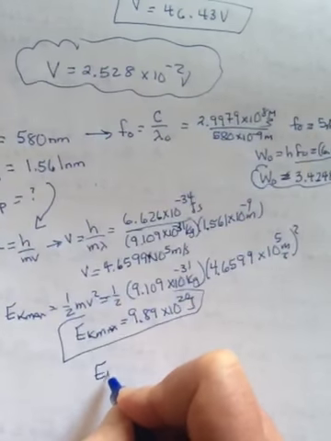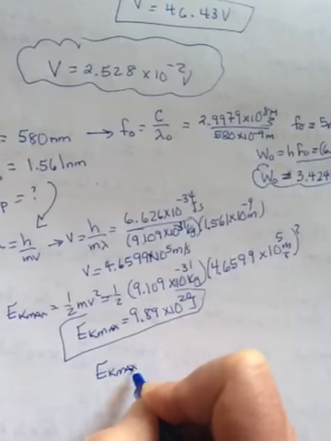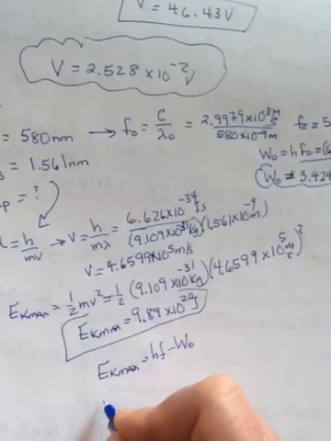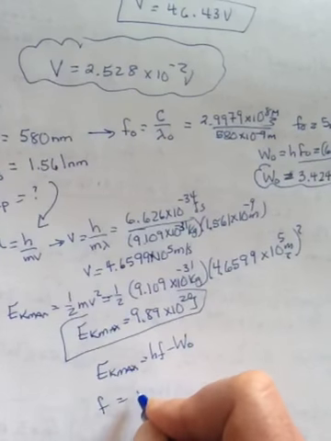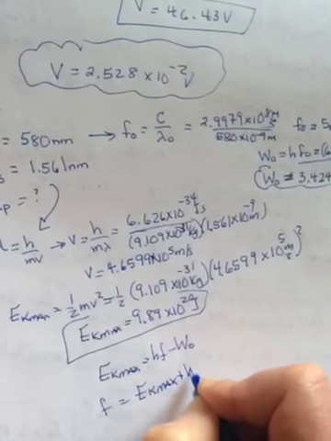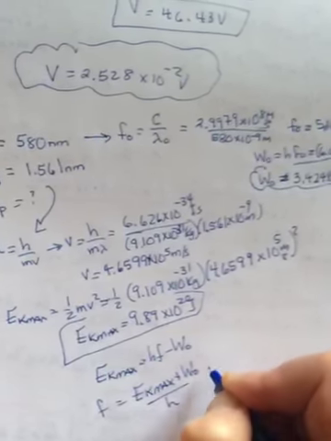Now you can go to E K max is equal to h f minus W O, and you can solve for your F. So F will equal, bring your W O over, E K max plus W O divided by h.